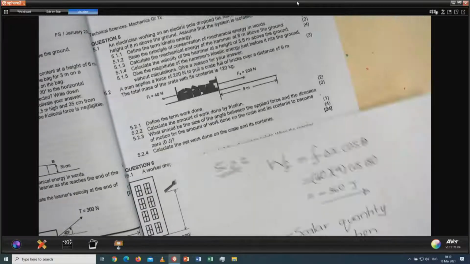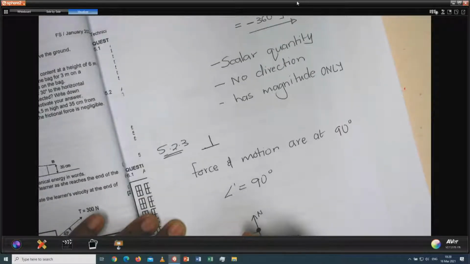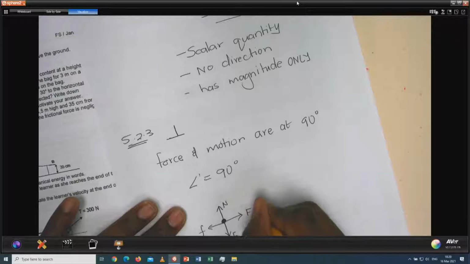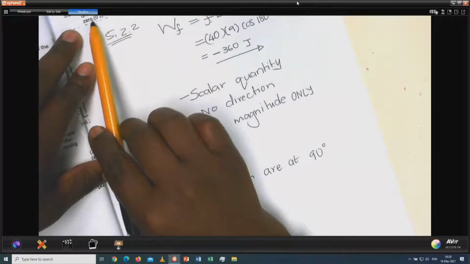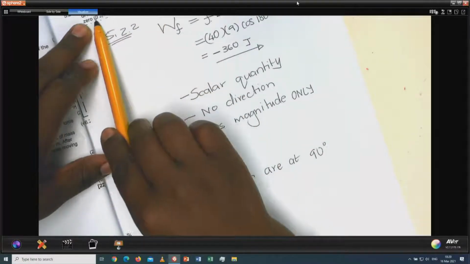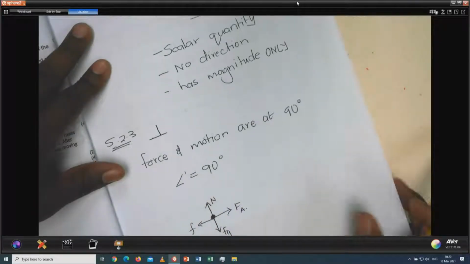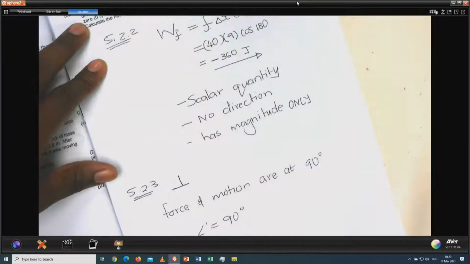And then from here we can see that the frictional force is acting to the left, and we have an applied force of 200. Now this question is guiding you already, 5.2.3, that for work done to be 0, the angle between the force and the direction of motion must be 90 degrees.